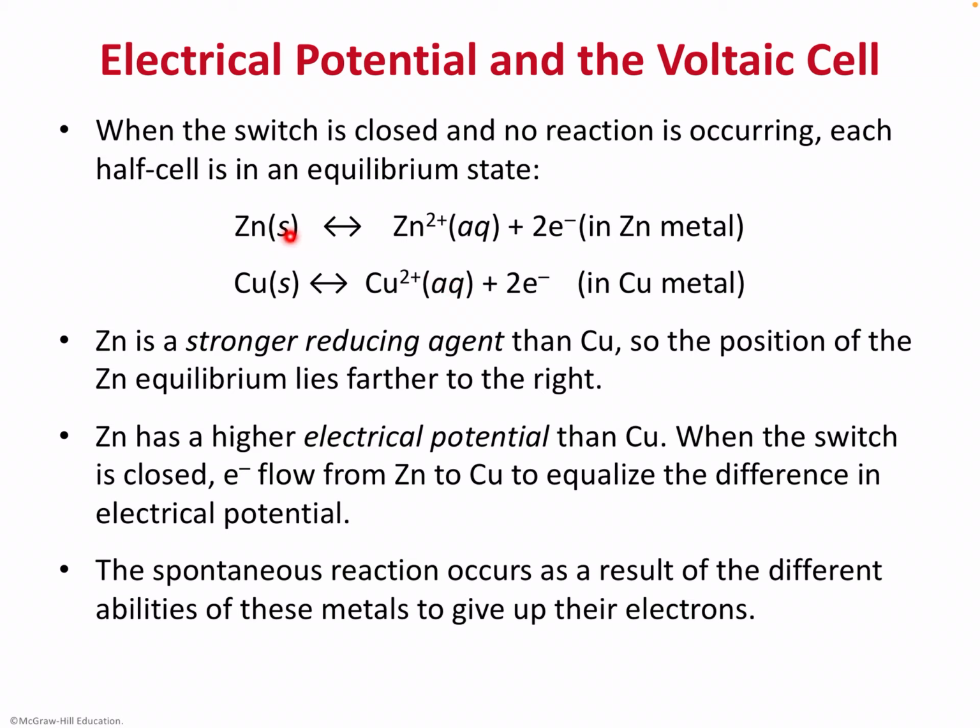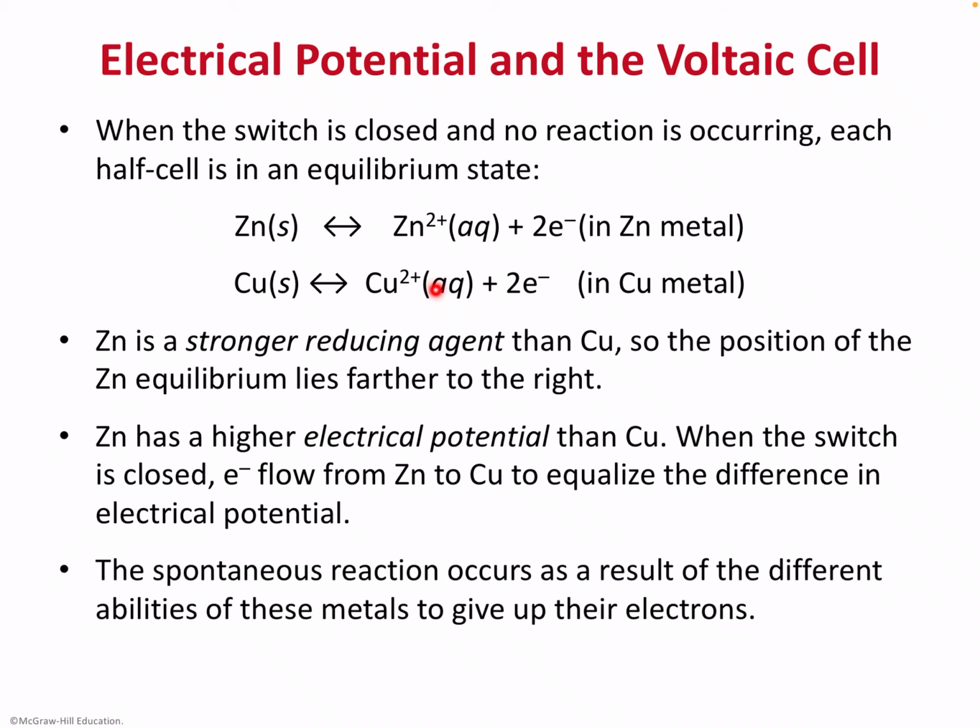So zinc solid becoming zinc 2 plus, removing 2 electrons, which is the oxidation, is in equilibrium. And similarly, the other one would be copper 2 plus taking 2 electrons becoming copper. So this is equilibrium, so we can write it in either way. That is also in equilibrium for the copper metal and zinc metal.